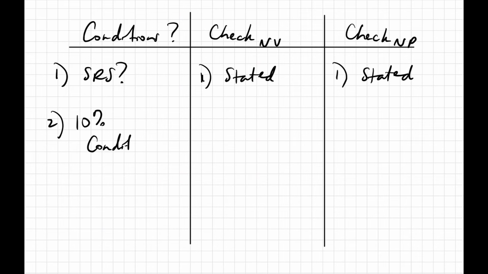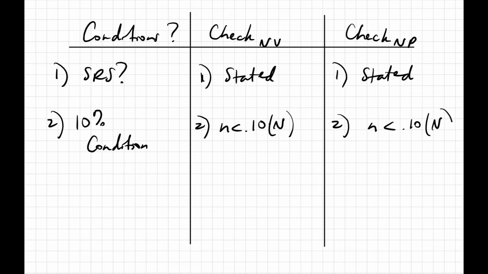So what's big N? 112? Well, it all depends on what little n is. Little n has to be less than 10% of big N. For NV, 57 is less than 10% of what, and 55 is less than 10% of what?